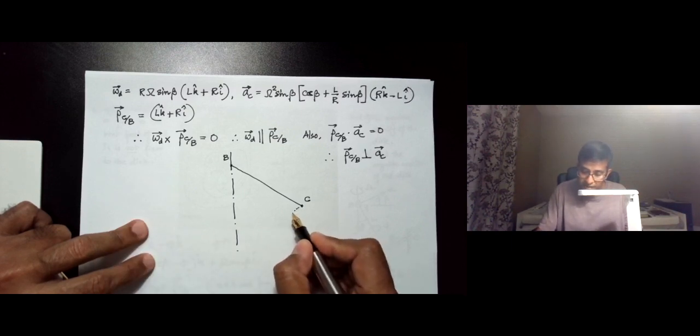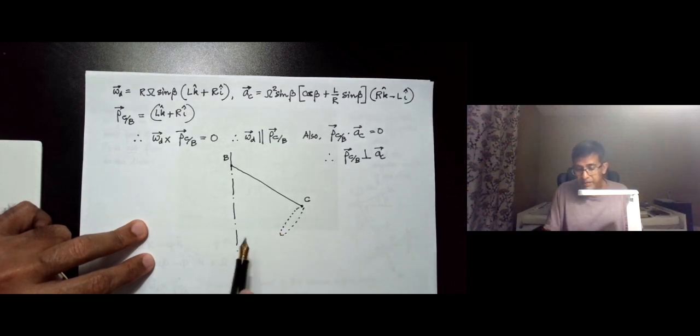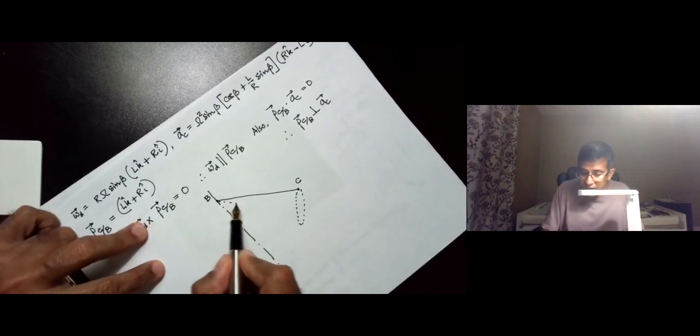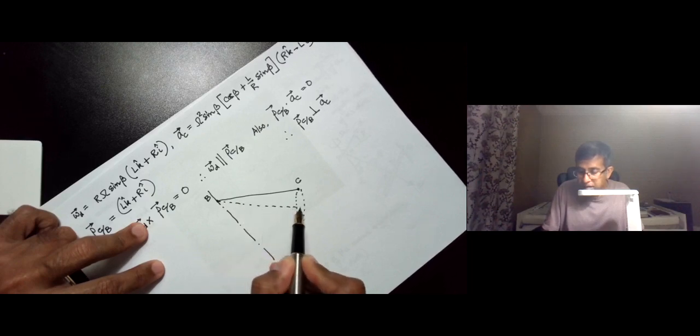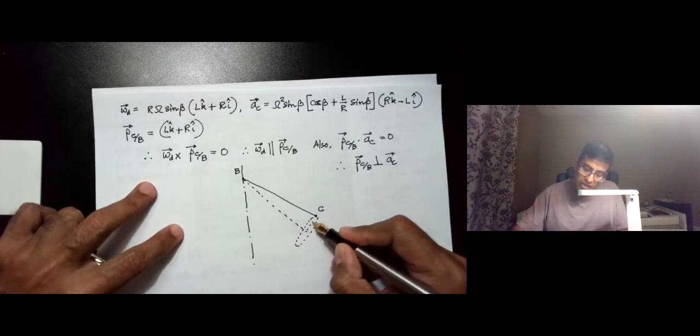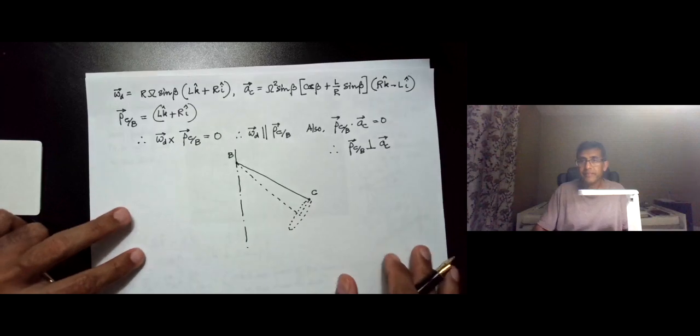You see the disk is over here because the bent bar goes like this. Okay, so the disk is like that.